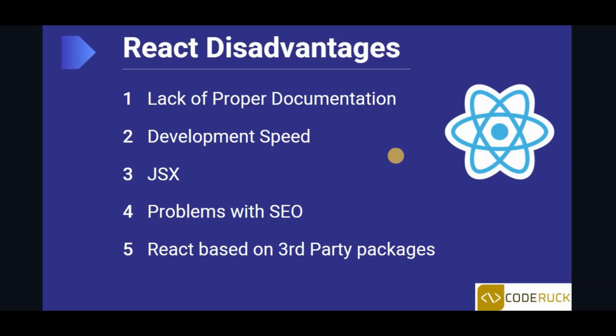Speed of development, that means React keeps updating itself very fast. Sometimes if you are building your application right now, after a few months or even a few days they update those things, and again you have to make updates in your web application. Somewhere it is very tricky to manage those things because they are not very planned. They don't say that after a certain year or certain duration they will update that part.